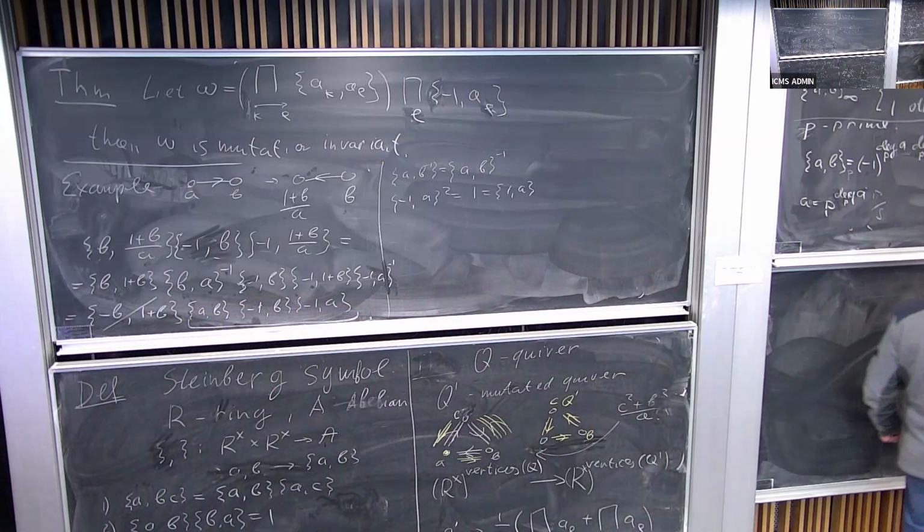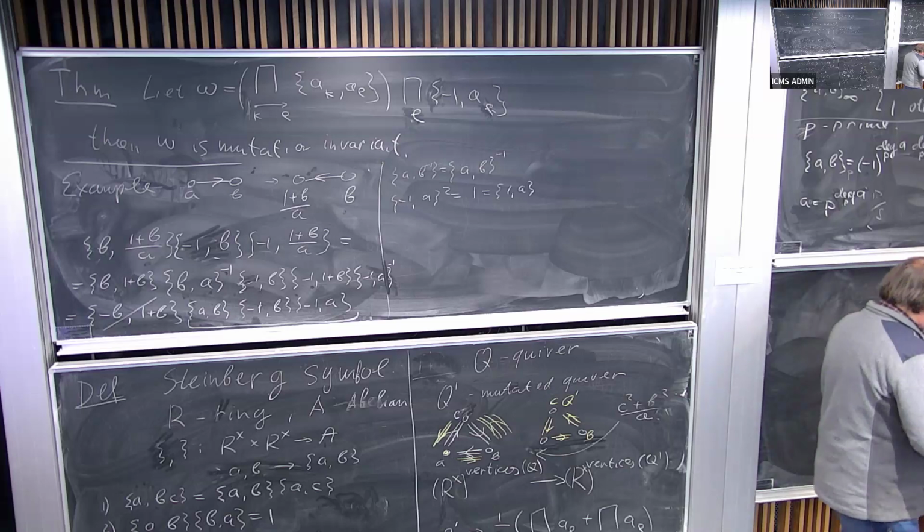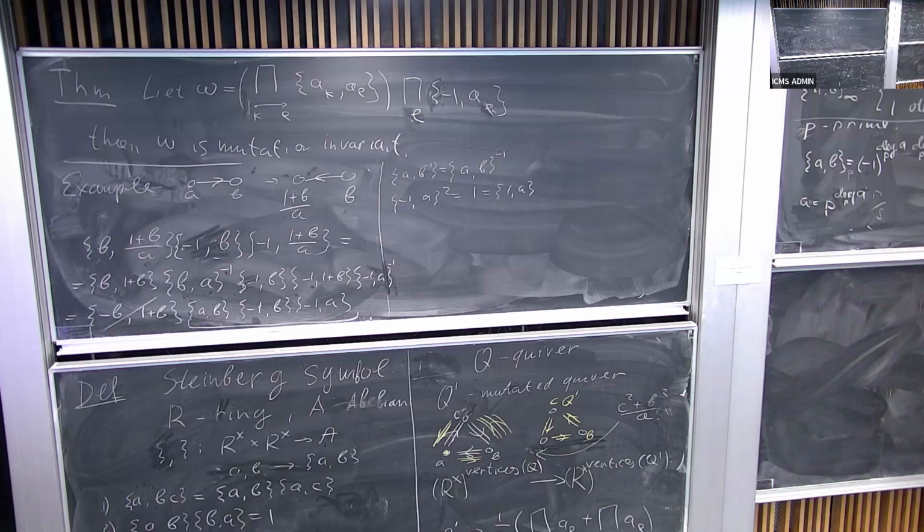Which is just you take vertices at the edges, and every time you have a triangle, you just put an arrow between them. Then you have a map from this collection of numbers to decorated Teichmüller space.